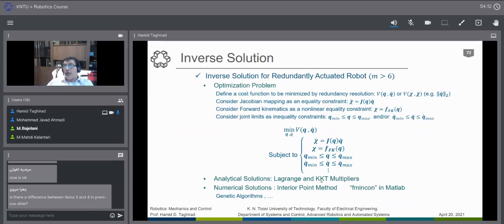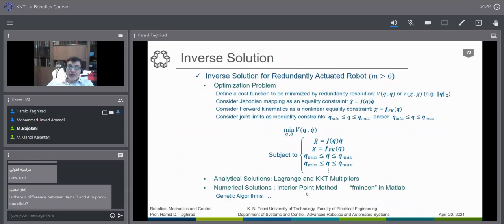And usually we use a numerical solution. In numerical solutions, there are many numerical methods defined. The interior point method is one of the most significant and most interesting solutions for that. And you can use very different algorithms, the AI-based algorithms like genetic algorithm, PSO, and so forth, to find this optimization.